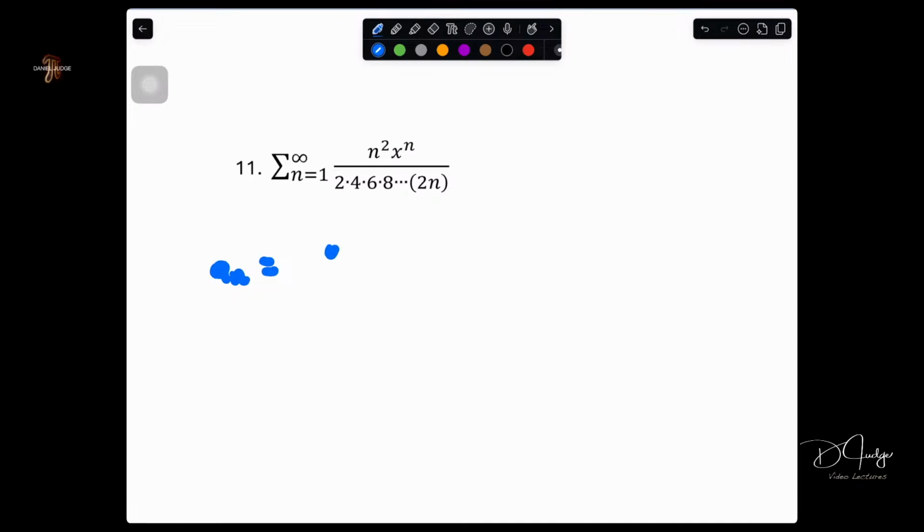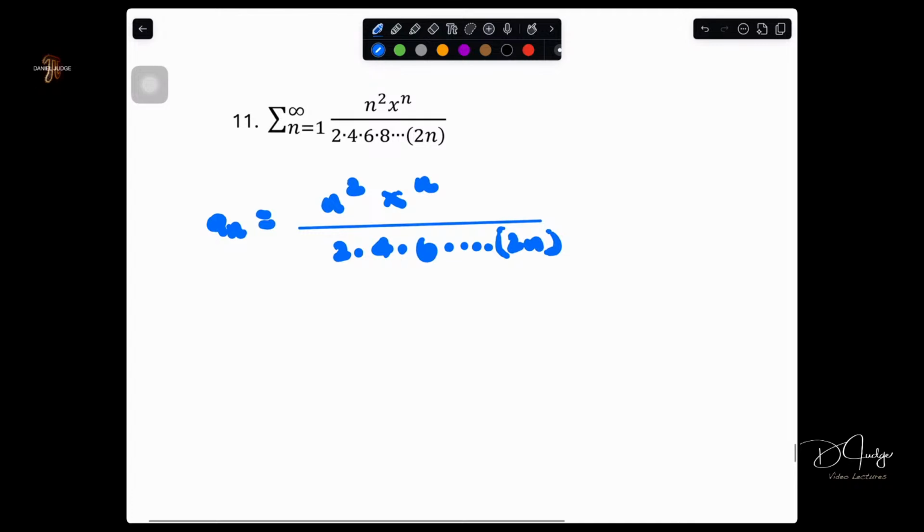And look to apply the ratio test. So it looks like you got an even number. You got a product in the denominator with even numbers, 2, 4, 6. Describe an even number as 2n.